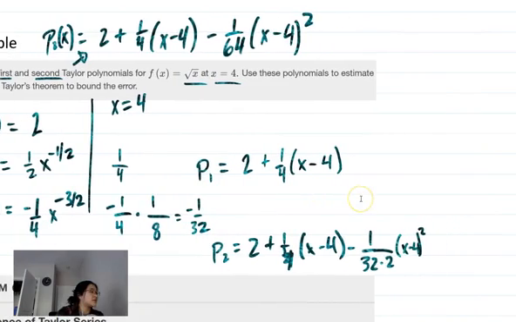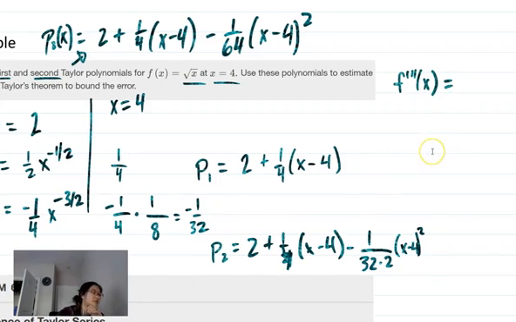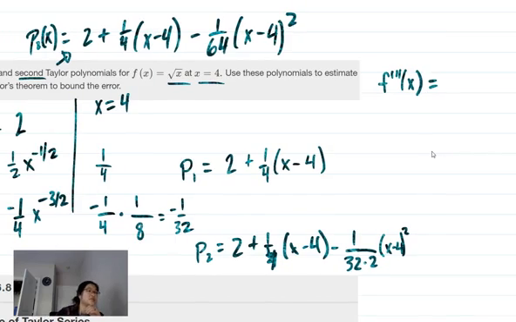Our next derivative, or our f triple prime, is going to be, from here, this -1/4 times -3/2. So that's positive 3/8 times x to the -5/2. And then we're going to evaluate that at 4, or at, we're bounding our error at 6, right, our root 6.